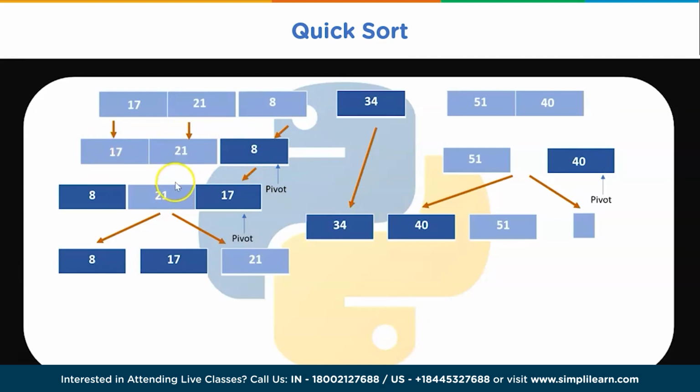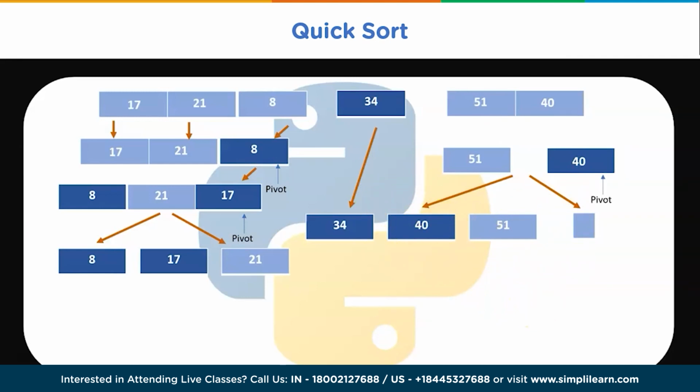As there are only two elements, 21 is greater than 8, 17 is also greater than 8, so I and J will move ahead, and then 21 and 17 will swap each other. So the final will become 8, 17, 21. Here we only have one element, 51. Okay, 51 and 40 will swap amongst themselves as pivot and they will align themselves.